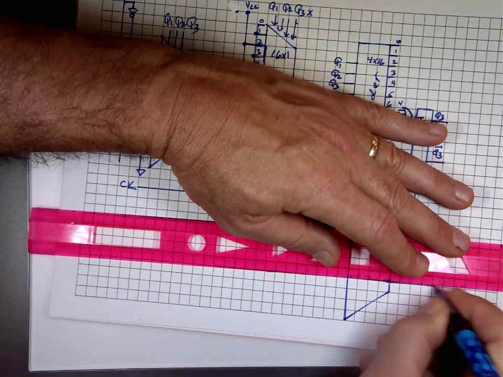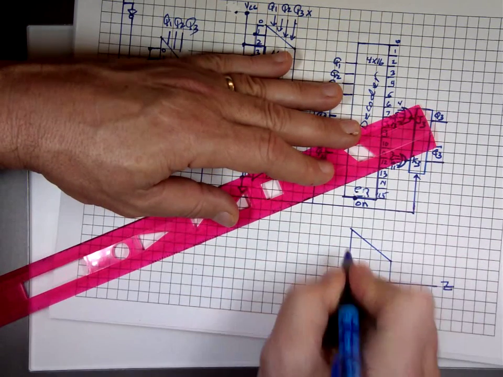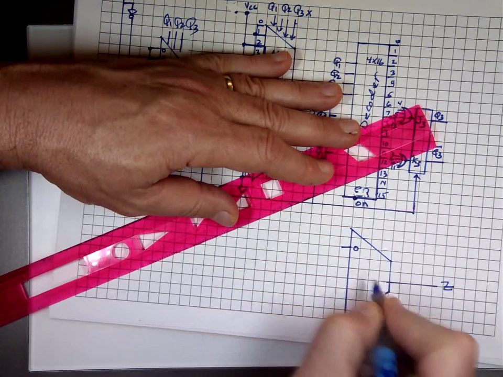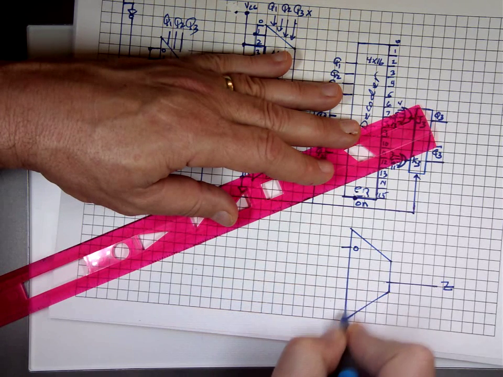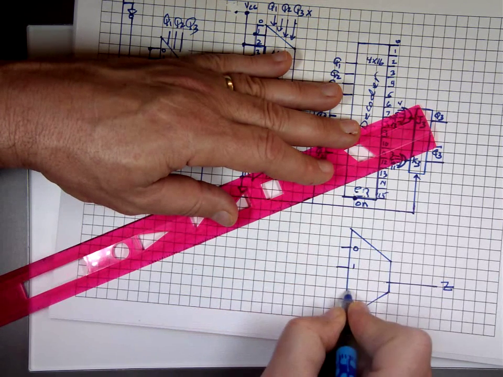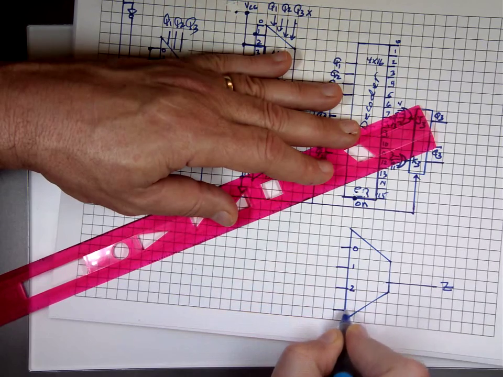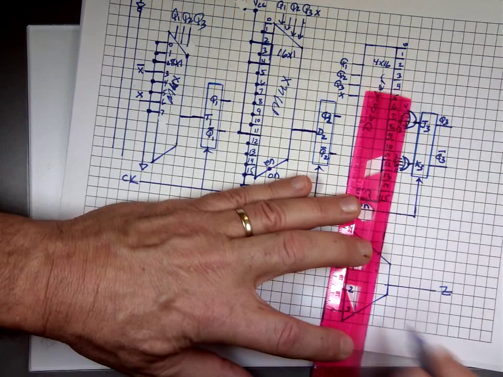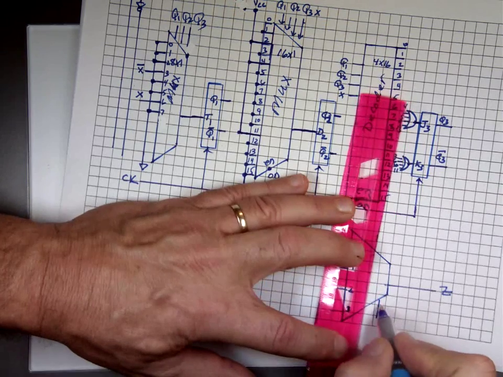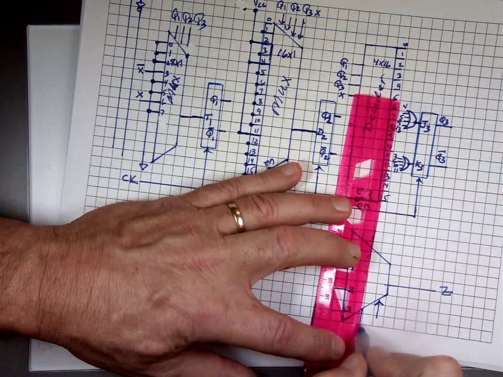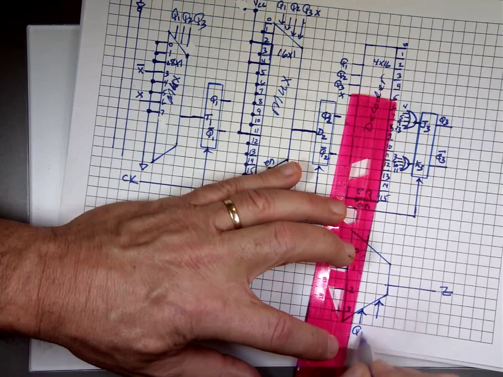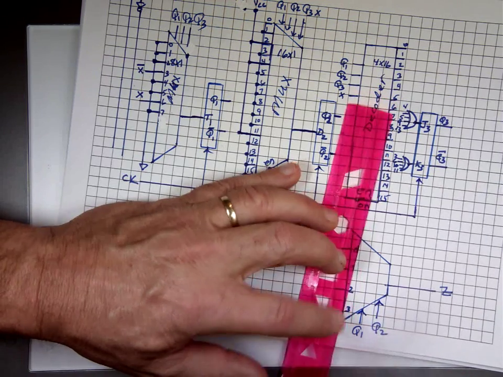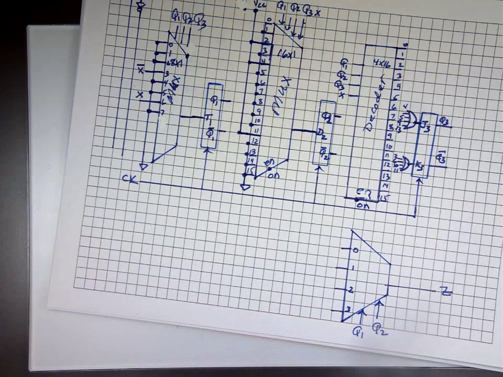I have 4 inputs, 0, 1, 2, and 3. So I got to look at it. My control signals are Q1, Q2. I always use the most significant. That means the ones on the left. So when they are 0, I got to look at 4 at a time.